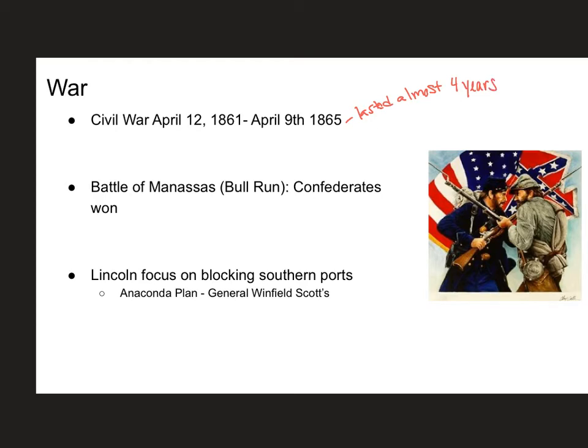Something to know about the Civil War, something different, was that fighting was hand-to-hand combat. The Battle of Manassas was a major battle of the Civil War. It was known as the Battle of Bull Run. The Confederates did win, but why this is significant is that since the Confederates won, it proved that it was going to be a long war.